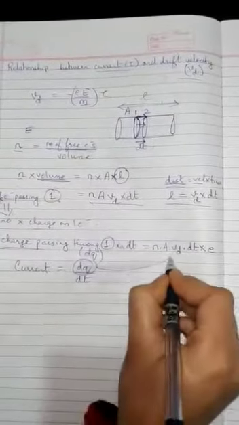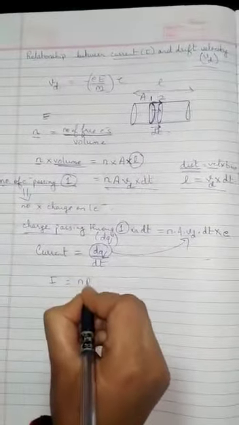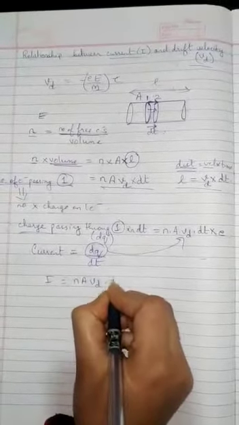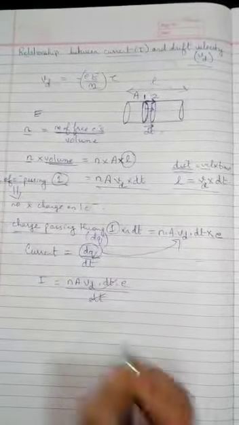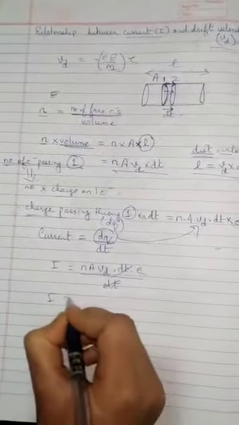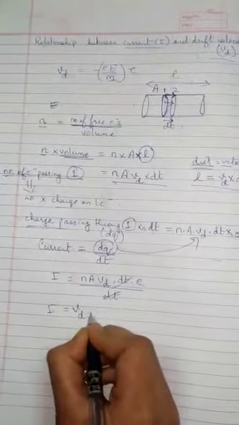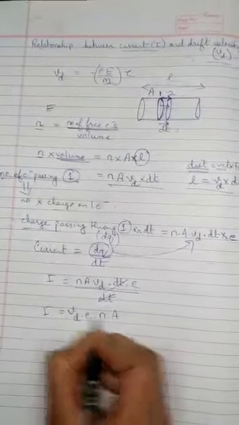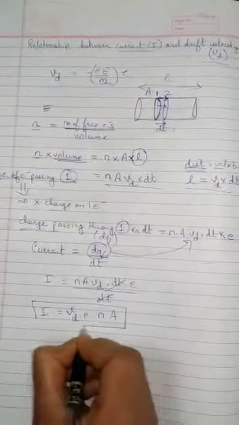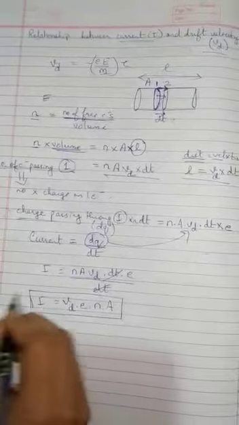Our dq was this much, so current I is given by N A Vd into dt into e divided by dt. We could cancel this dt. So the current is equal to, we'll arrange the terms properly, Vd into e into N into A. This is the formula for current passing through the conductor in terms of the drift velocity.